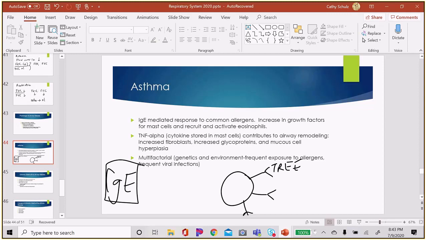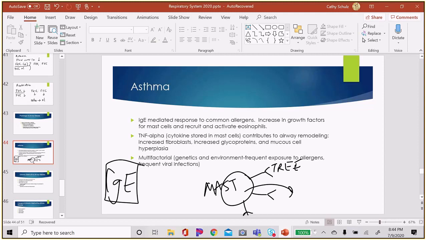If the person is exposed to tree pollen or grass or whatever, that will cause the mast cell to release what's inside of it, which are leukotrienes, which activate the immune response, and histamines, which we know activate the inflammatory response.